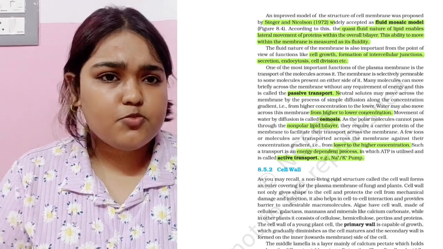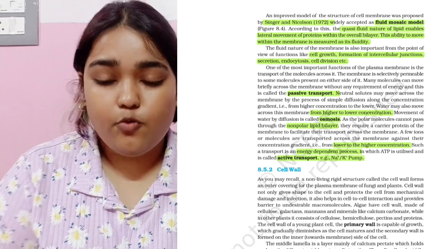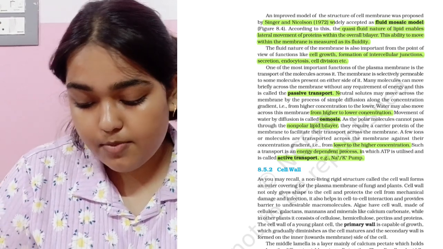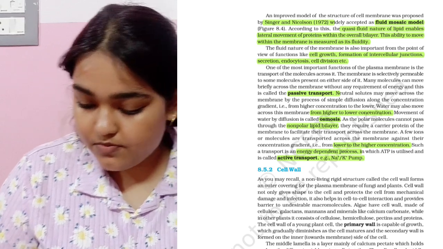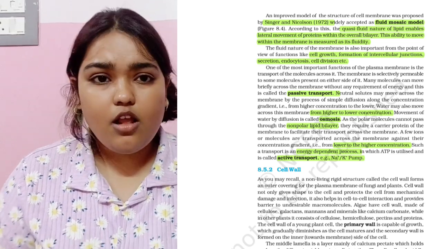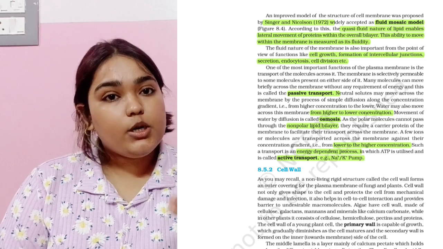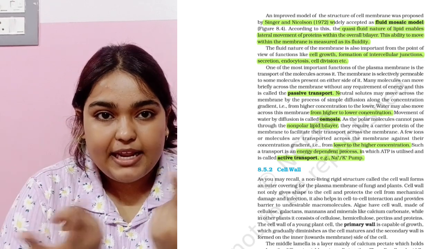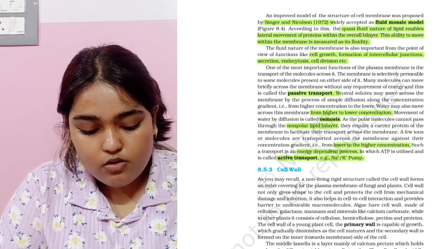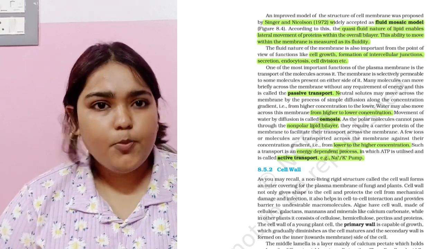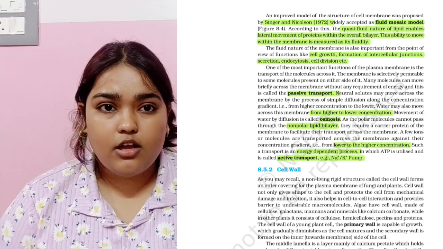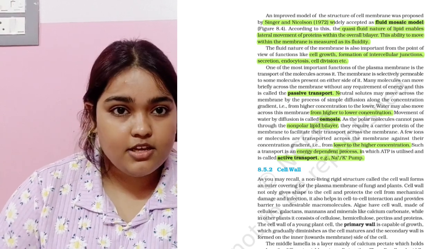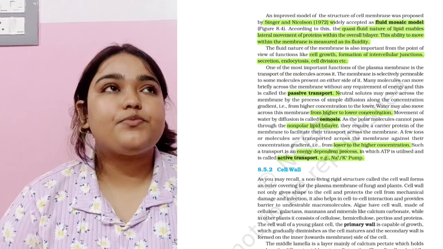Now, water may also move across this membrane from higher concentration to lower concentration, which is known as osmosis. Now the water comes inside the cell, but the cell membrane, as we just talked about, has both hydrophilic heads and hydrophobic tails.